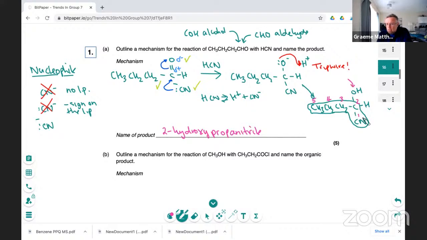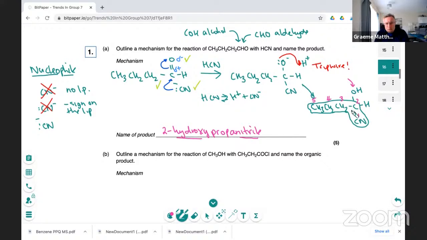But because the cyanide group is there, it has priority over the hydroxide. The main one is a nitrile, and so the alcohol group becomes hydroxy, and of course it's on carbon number 2. So this is why it's 2-hydroxypropanenitrile.